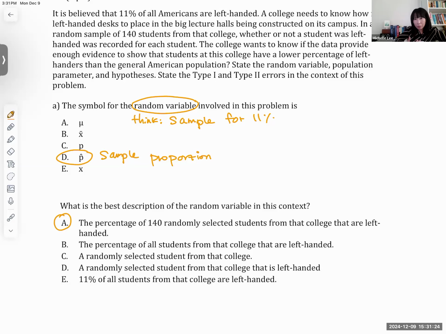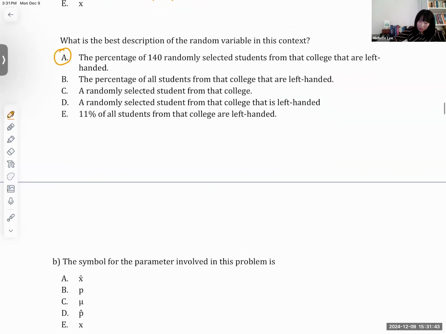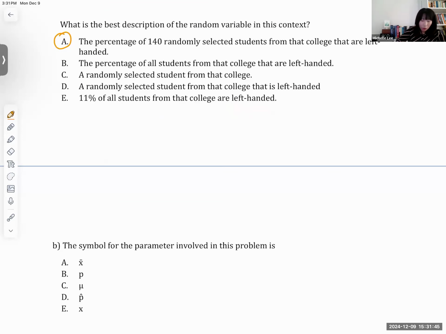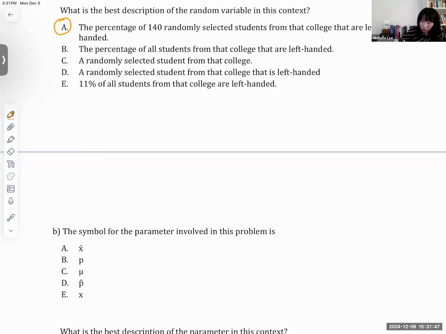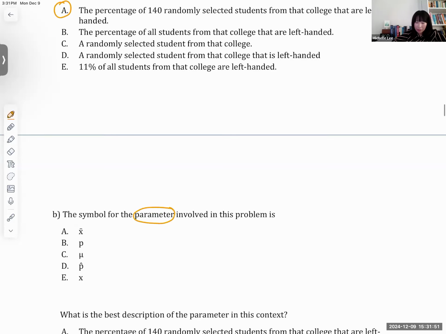And then we have 11%. We have a percentage of a sample of 140 students selected from the college that are left-handed. Excellent. Okay. All right. Now, we don't need that statement because we knew the parameter involved with this problem, right?